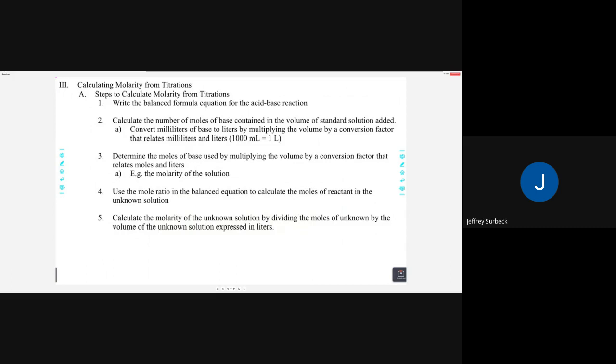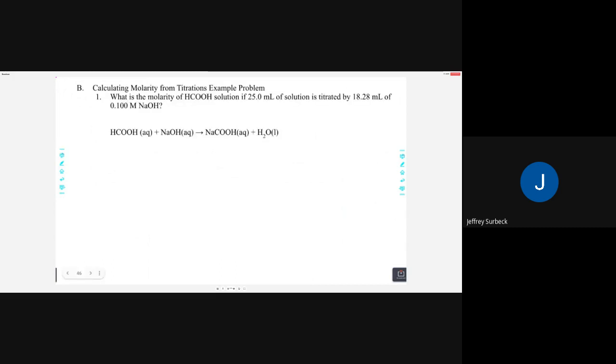So, here we go on this. We want to know, what is the molarity of HCOOH, acetic acid, aka vinegar, if we have 25 milliliters of this solution, and it's titrated by 18.28 milliliters of 0.1 molar NaOH.